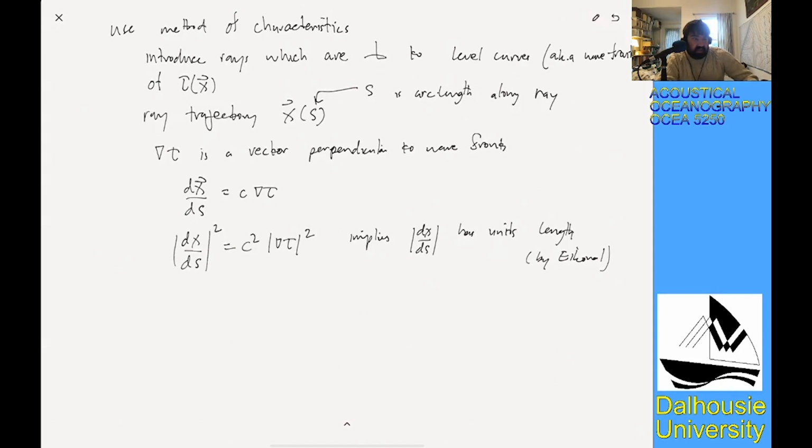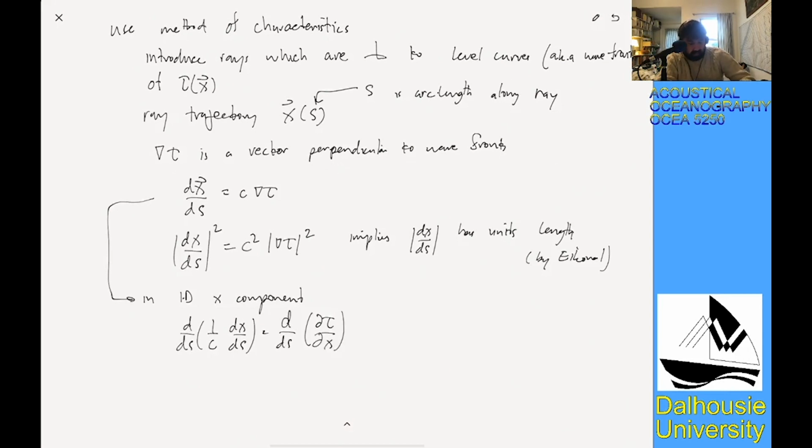So let's just look at this equation in 1D, the x component, and see how we can solve it. Well, we have d/ds of 1 over c dx/ds equals d/ds of d tau/dx.